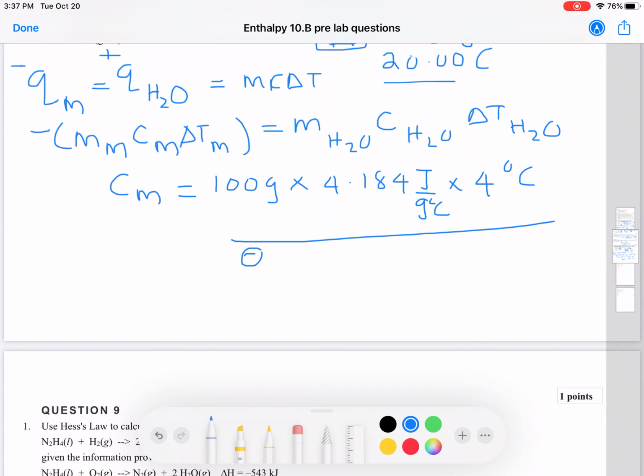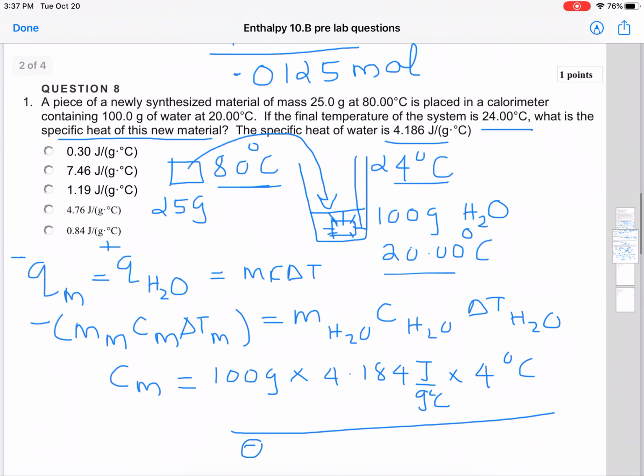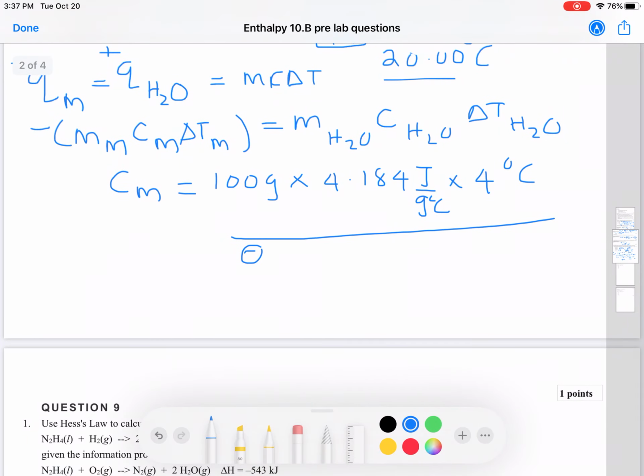What is the mass of the metal? 25 grams. So 25 grams, and then the delta T.